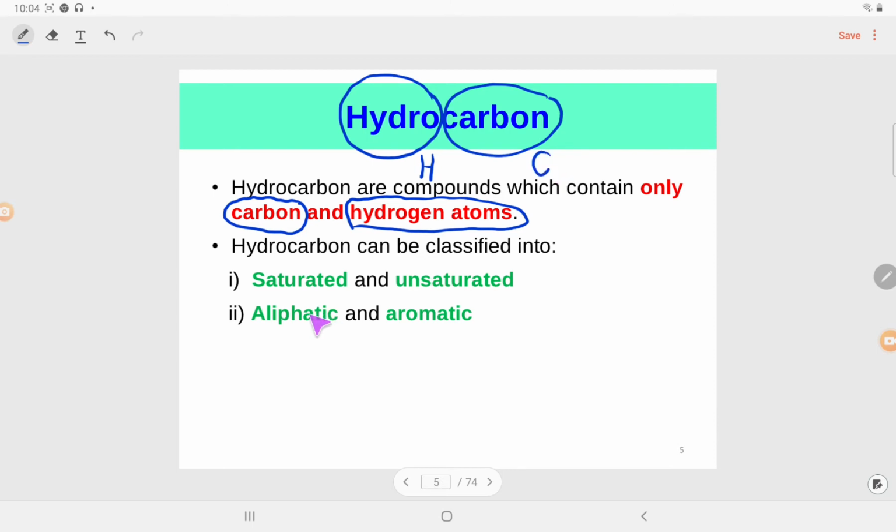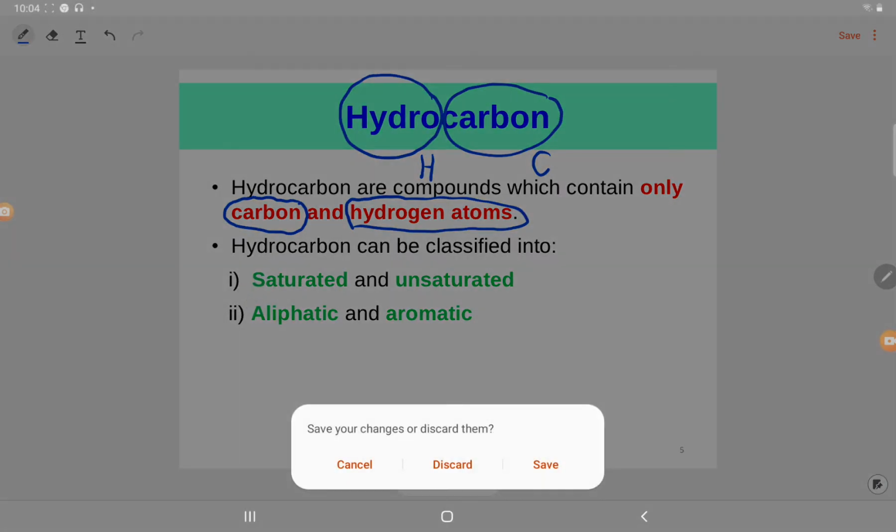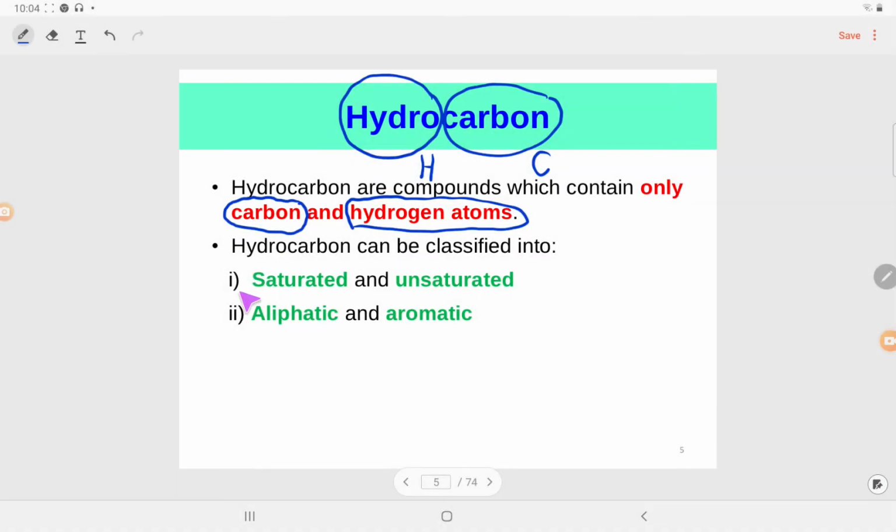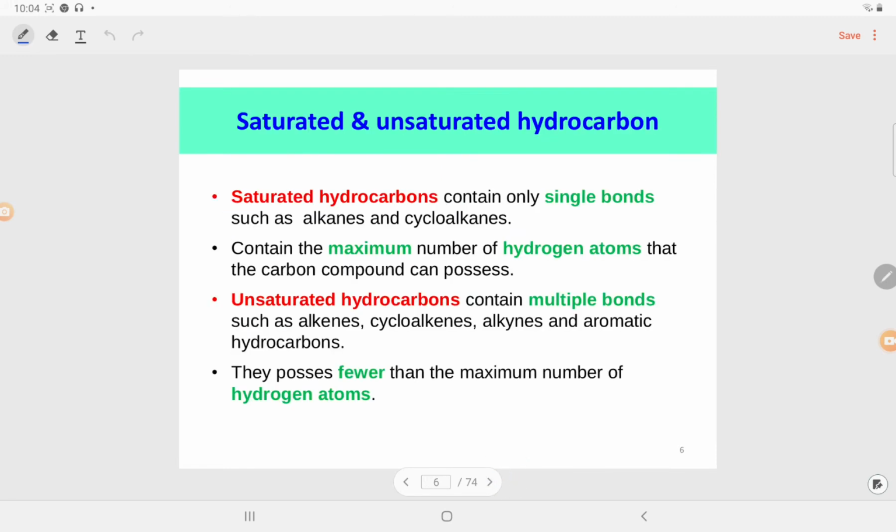This hydrocarbon can be classified into, first, saturated or unsaturated hydrocarbon. Second, aliphatic or aromatic hydrocarbon. Saturated hydrocarbon consists of what? Single bond.